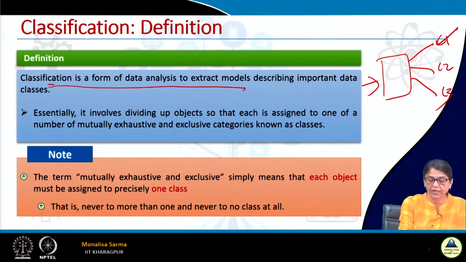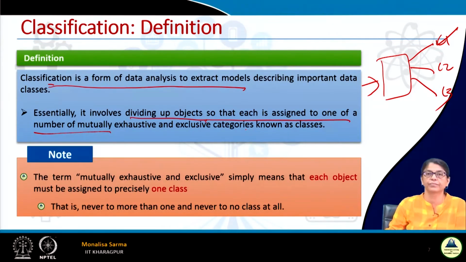Essentially, it involves dividing up objects, or observations or data, whatever it is, so that each is assigned to one of a number of mutually exclusive and exhaustive categories known as classes. Given an object, when given an observation, it will be assigned to only one class.